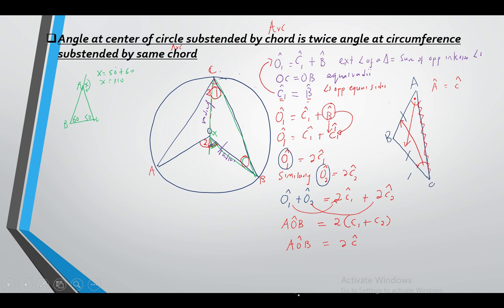We have proven that the angle at the center of a circle is twice the angle at the circumference of a circle. You have to remember this theorem, guys. The angle at the center of a circle is twice the angle at the circumference of a circle.